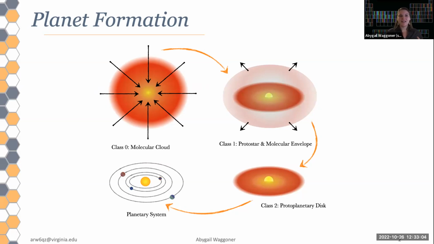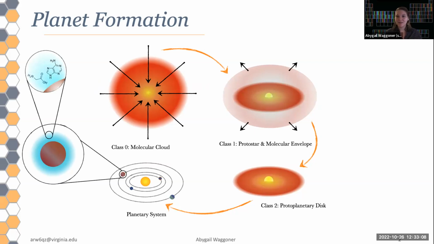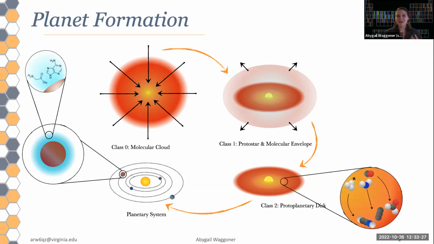In order for us to understand the chemical composition of exoplanets, which is super important right now because JWST is observing exoplanet atmospheres, and also to understand what chemicals are available to form life, we have to look back in time to the protoplanetary disk phase and understand what chemistry is occurring within this region, or what the different physical drivers of chemistry are.